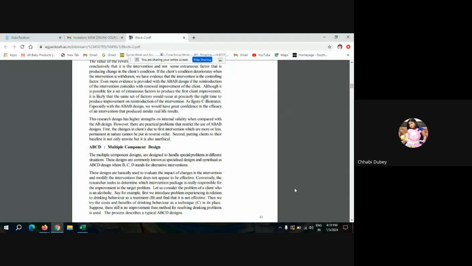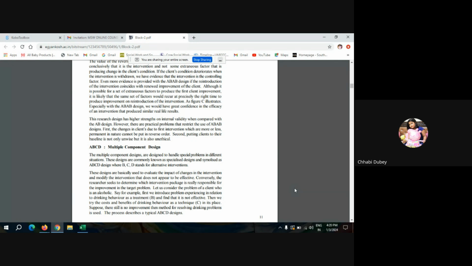Okay. After the ABAB, we come to what is known as the multiple component design, or the ABCD design. Okay. Now, the multiple component designs are generally designed to handle special problems in different situations. Okay, now these designs are commonly known as specialized designs.